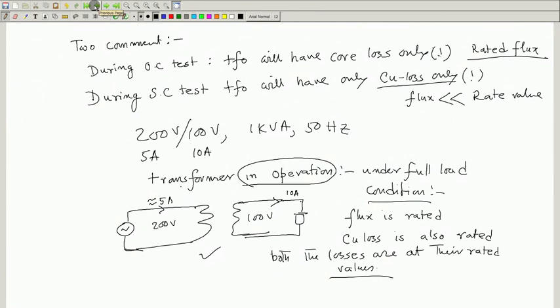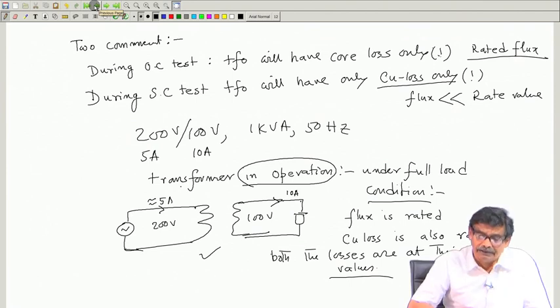You cannot neglect one loss with respect to the other during operation, because rated flux is there, and hopefully you are using the transformer efficiently so that rated currents are carried by the coils. Our target will be to see such a condition prevail, then only is the transformer in full operation. Rated currents it is carrying, rated flux it has produced, this is the way.